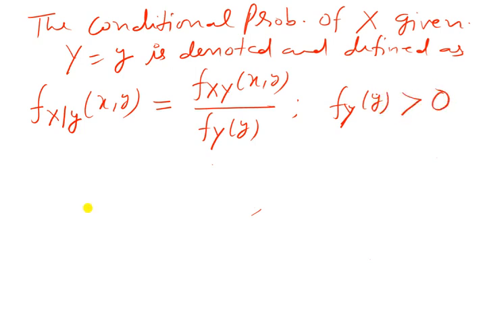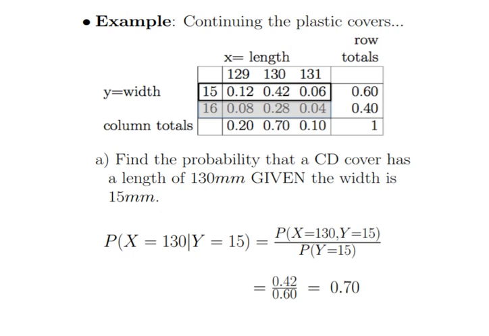So, this is the definition of the conditional probability of random variable X given random variable capital Y is equal to small y. So, now I will explain this with the help of a numerical problem.